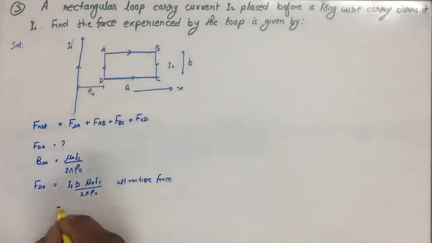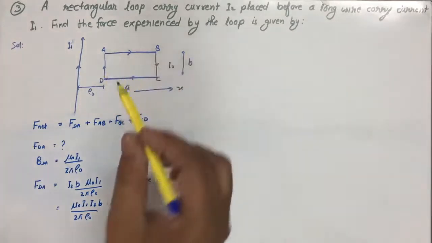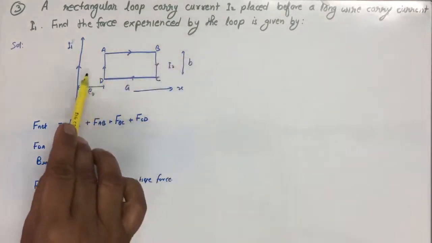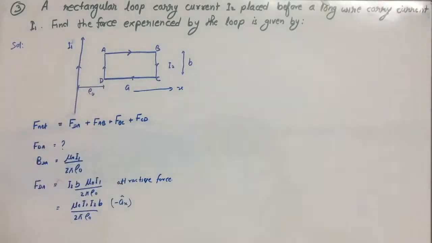So we can say it will be mu naught I1 I2 B divided by 2 pi rho naught in the negative x direction. Okay, at this element the force will be in this direction, as it is an attractive force.